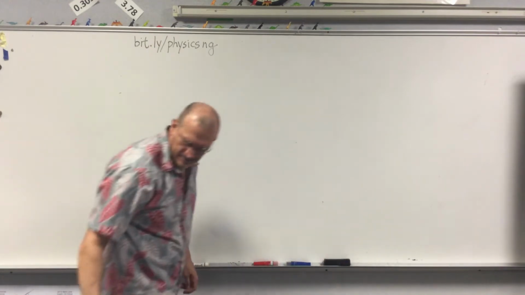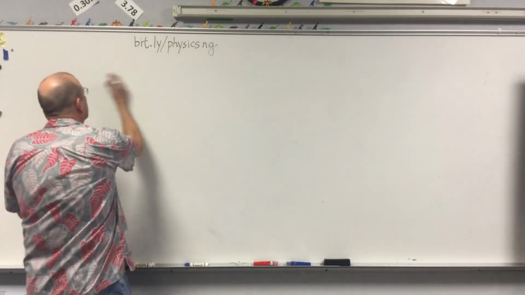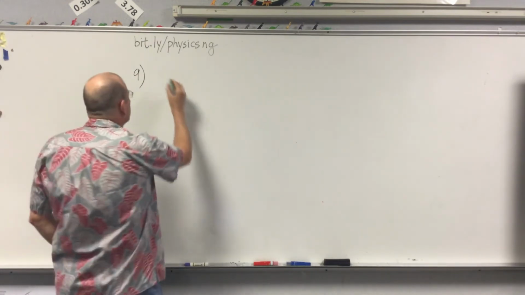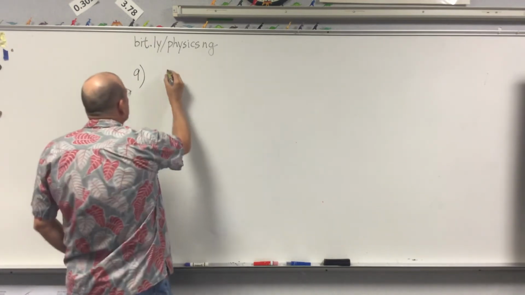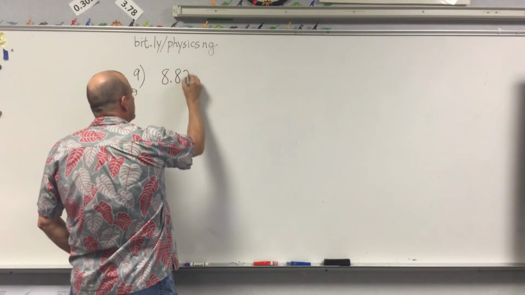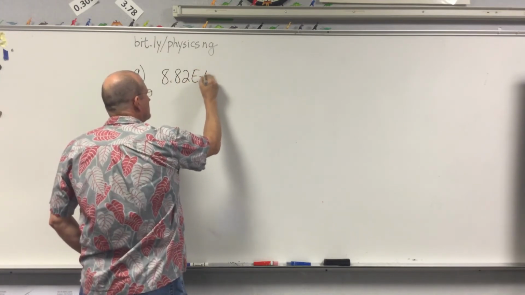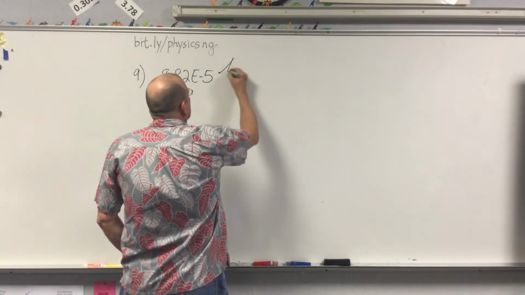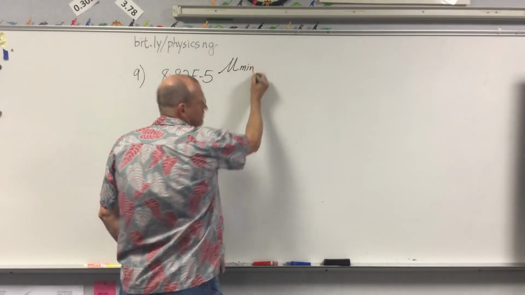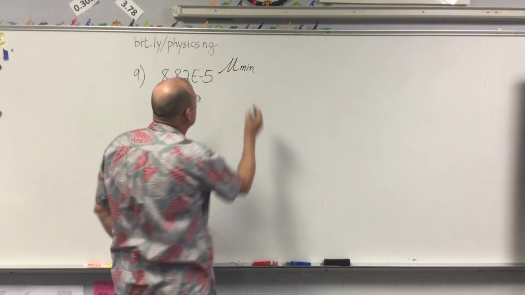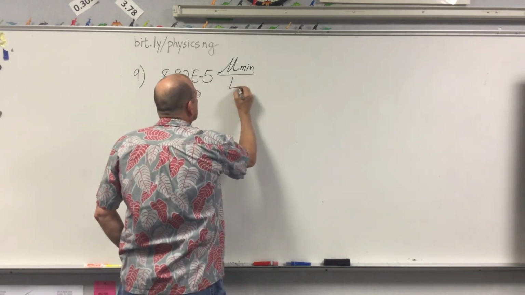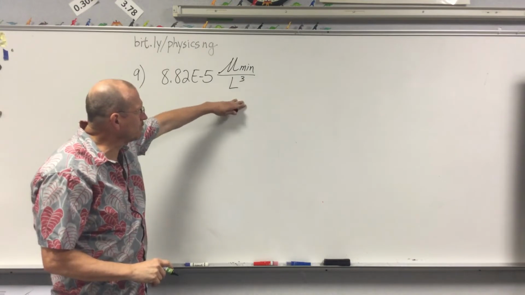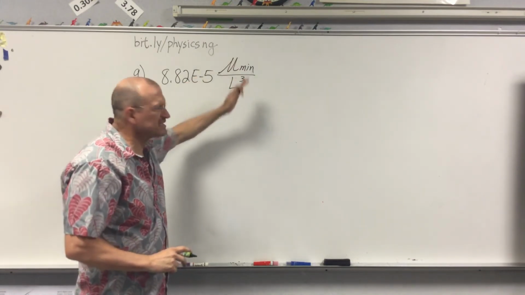All right, so looking at number 9, it says we want to take 8.82 e negative 5 microminutes over liters cubed.